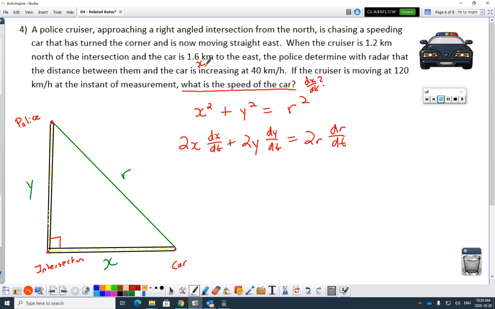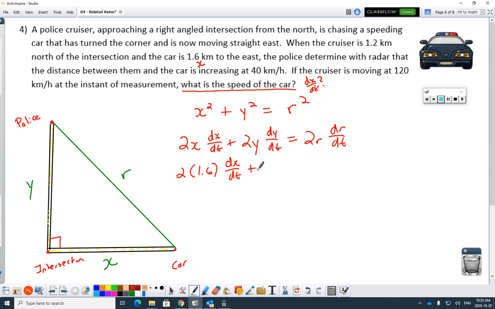Just got to watch the sign here. It matters. Positive 1.6. dx dt, speed of the car. Oh, that's what I'm after. See, that's what your physics teacher was on about, writing this stuff with a question mark. When you get to dx dt, you're not freaking out. You know, oh, that's what I'm trying to figure out. So that's fine that I don't know that.